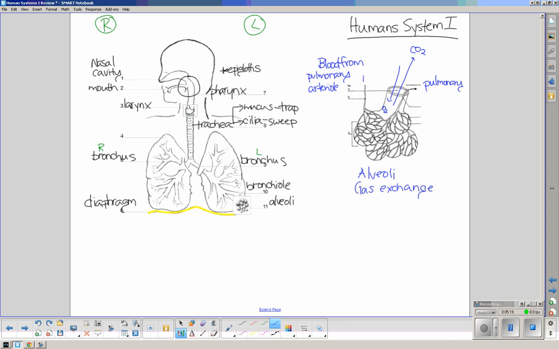The pulmonary arterioles are coming from the heart, and a capillary network surrounds the alveolar sacs, and so gas exchange can take place, and then blood leaves out through the pulmonary venules. And it is high in oxygen now, so it's oxygenated blood.